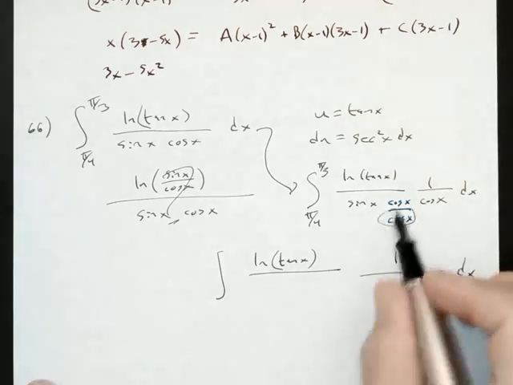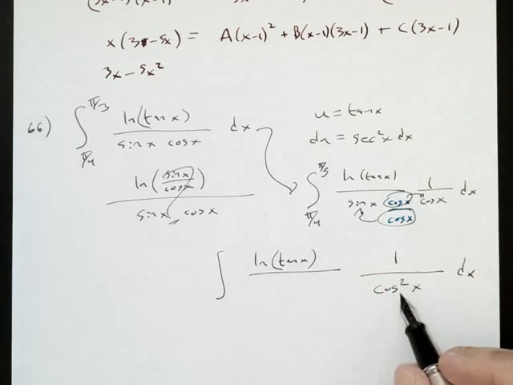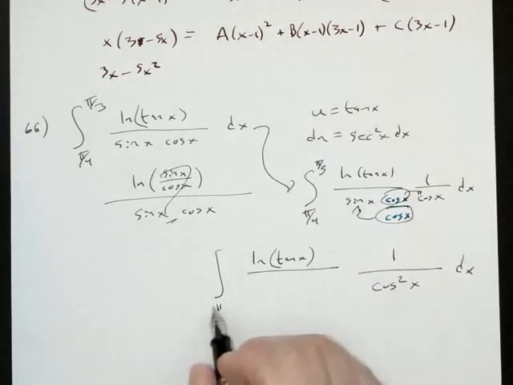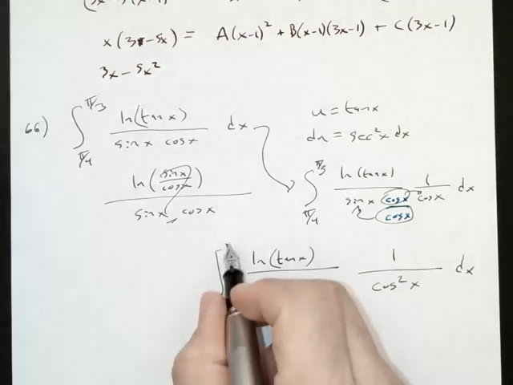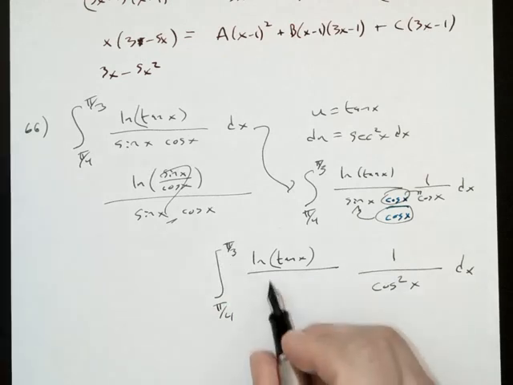If I put this cosine with this and this cosine with this, that's how I get the cosine squared. What do I now have on the bottom? Because it's sine over cosine, isn't it?